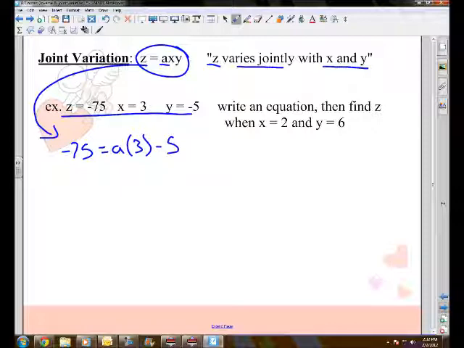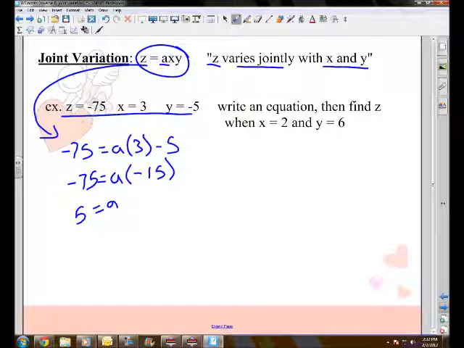Okay. So let's start on the right side of the equation here. 3 times negative 5 will give us a times negative 15 equals negative 75. Now if we're going to take negative 75 and divide that by negative 15, we're going to get, that's right, a positive 5.